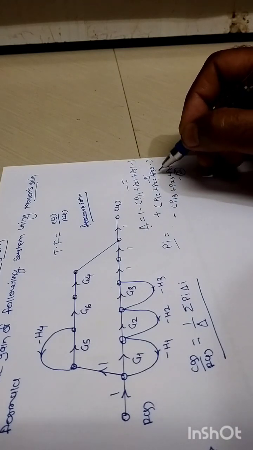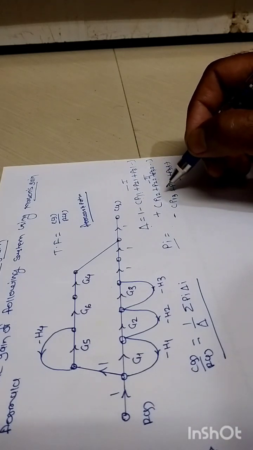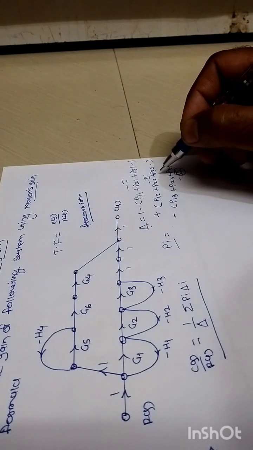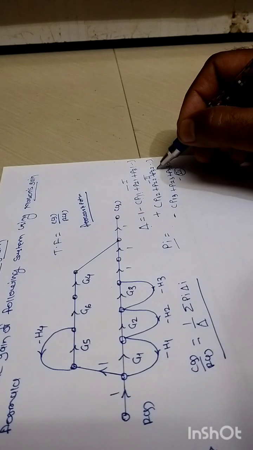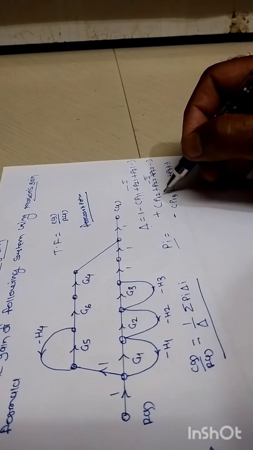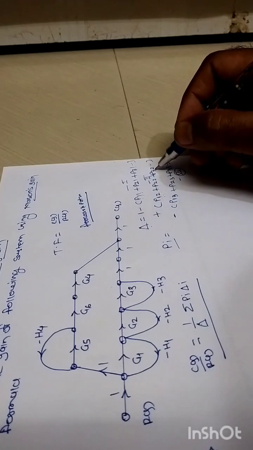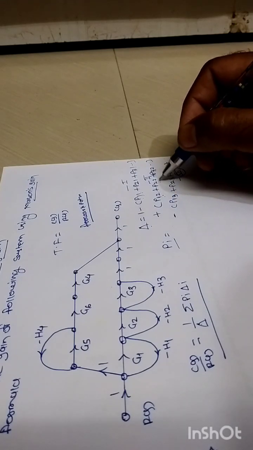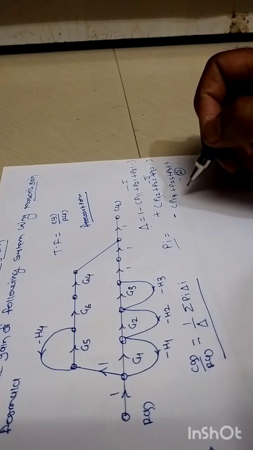So within the second parenthesis we have the sum of all gain products of two non-touching loops: the first, second, and third pairs of two non-touching loops.